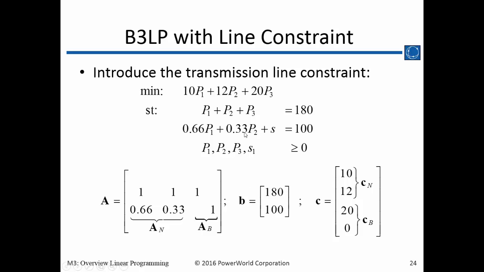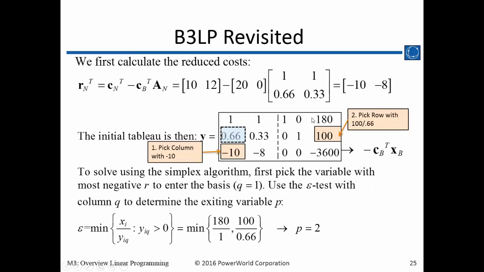If we add the transmission constraint to the problem right here, and again we make it an equality constraint by adding a slack variable, then it computes the reduced cost vector down here at the bottom, and the one associated with this row right here has the most reduced cost, so it's going to pivot on there and move those variables into the basis.